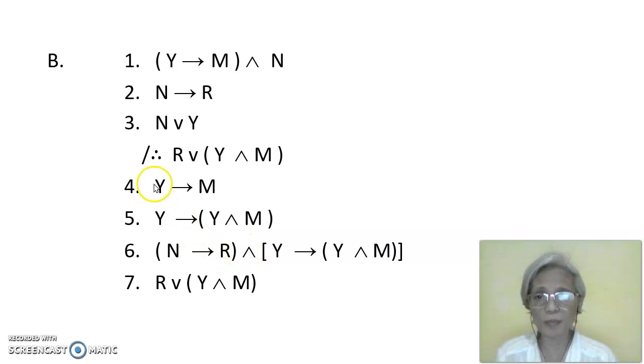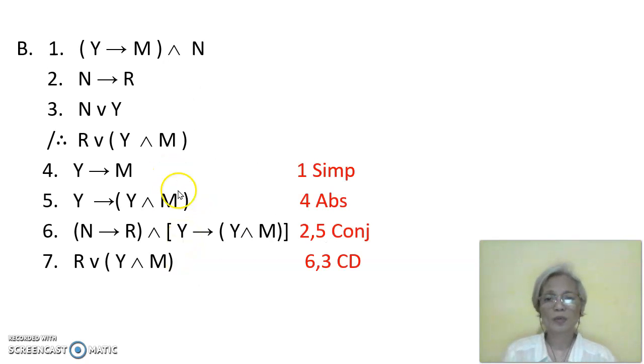We have N implies R, which is our premise number 2. And Y implies Y and M is actually number 5. So we apply conjunction to 2 and 5 to have number 6. And then by applying constructive dilemma to 6 and 3, we will be able to get this. So again, simplification of number 1, we will have the fourth statement.